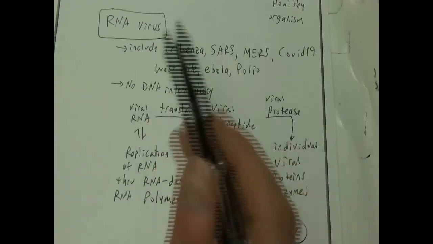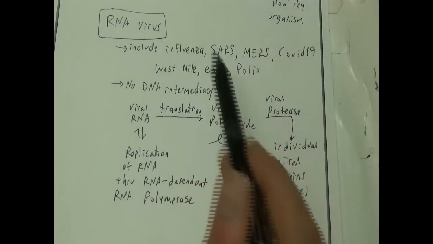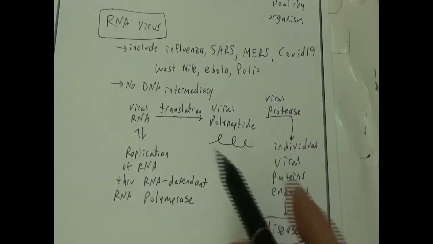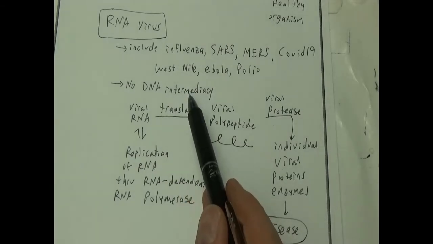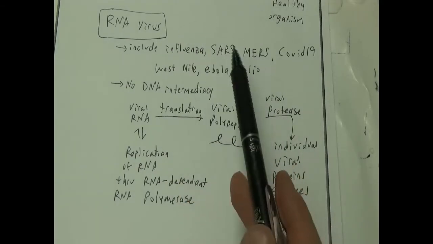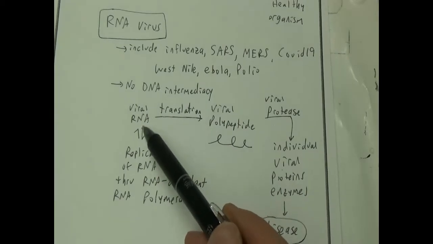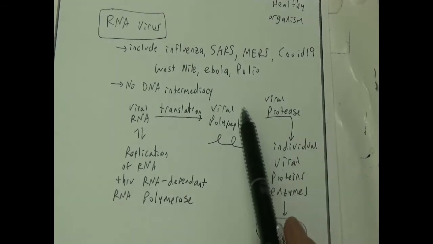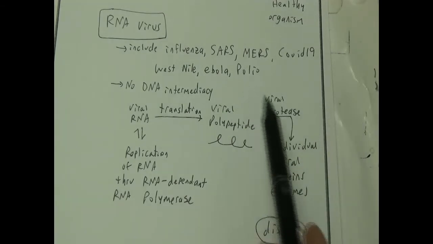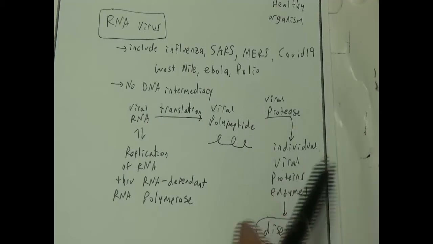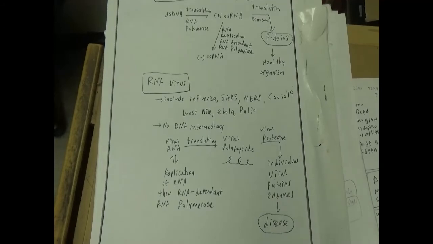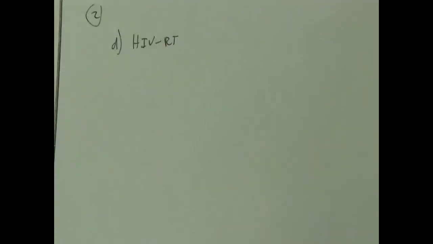So now retroviruses are like a third thing we're going to talk about, which is HIV. It's a little different than this. It's close. The big thing here is there's no DNA intermediacy. But with a retrovirus like HIV, we go from RNA to DNA, and then replicate. It just has this DNA step in it. Okay, so let's just talk quickly about retroviruses.